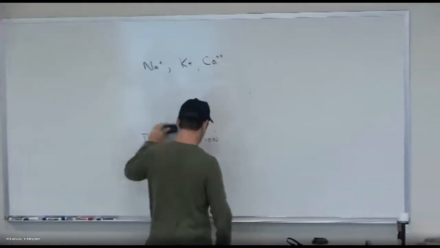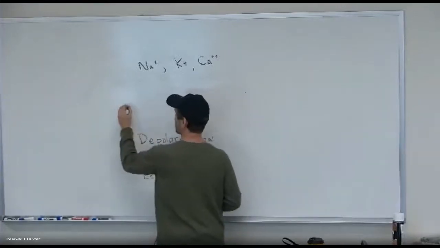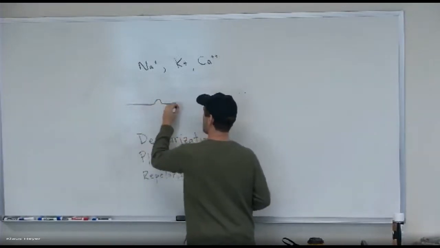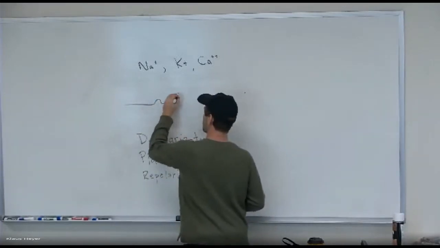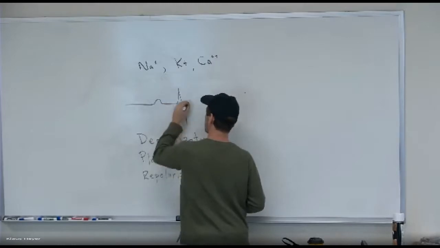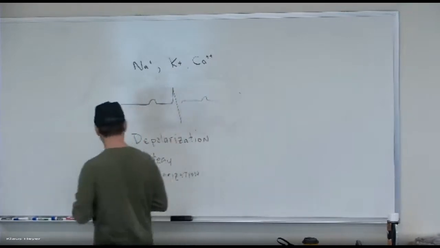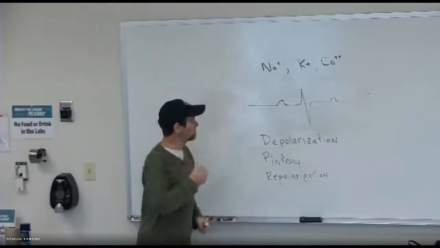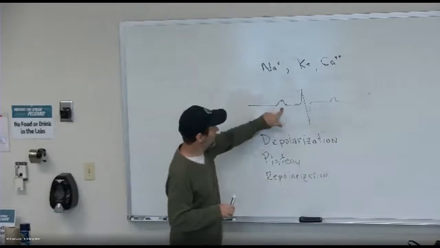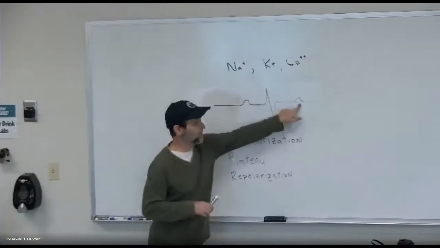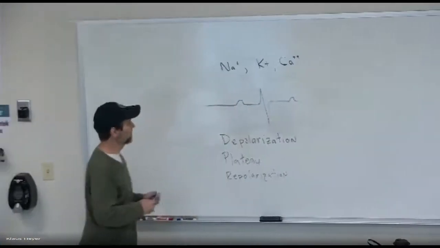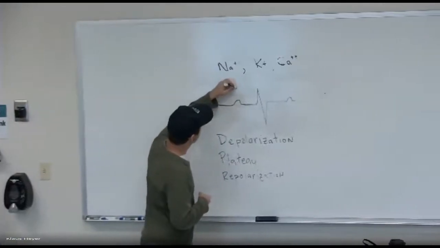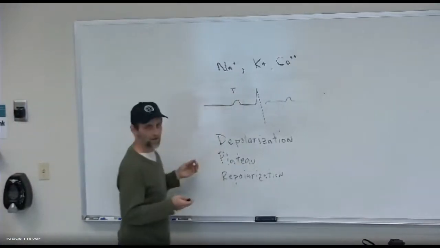If we look at an EKG, it looks something like this, and I can never keep it, whatever, like that. There's 3 parts to an EKG. So you see there's this here, and this here. We call this one T, just in alphabetical order.